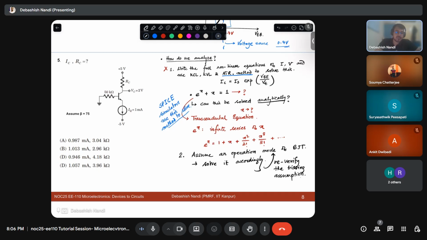For example, if I assume that my device is working in forward active and I solve the entire problem assuming the forward active mode, then when I get my answers I should always re-verify whether my device is actually in forward active or not. Fine, this is called some kind of self consistency.